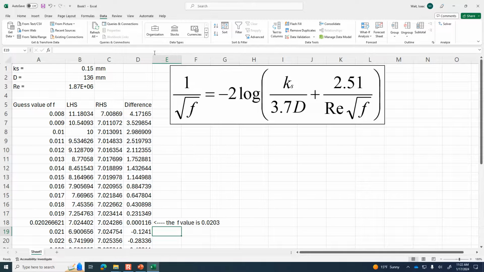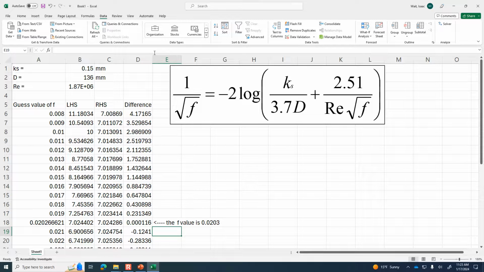The Colebrook equation is valid across the entire range of possible pipe diameters. It's valid across the entire range of possible flow velocities. So it's an equation that we can use anytime that we don't mind going through this tedious process to calculate the F value.